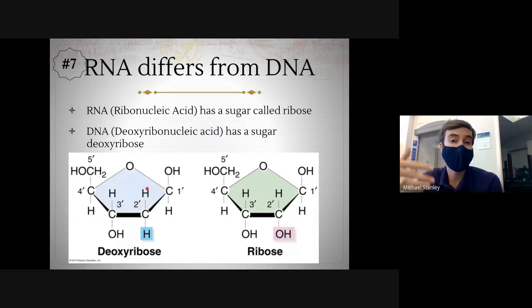The reason why they have the different names: DNA has deoxyribose sugar because it's missing that oxygen down here. That's where the deoxy comes into play. RNA has that oxygen, so it just has regular ribose sugar. So that's the first main difference between RNA and DNA. They have different sugars. One is ribose, one is deoxyribose.